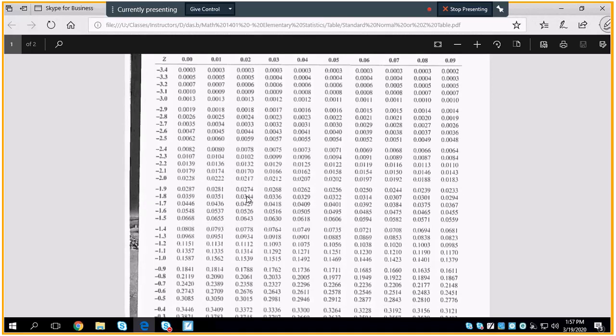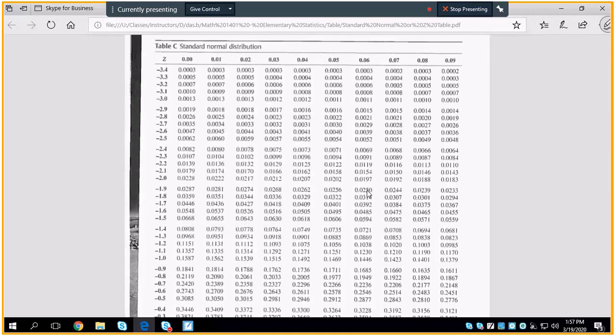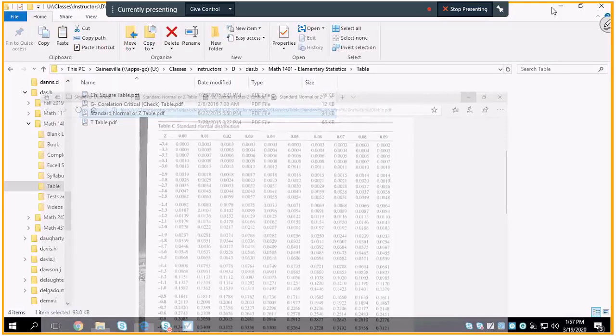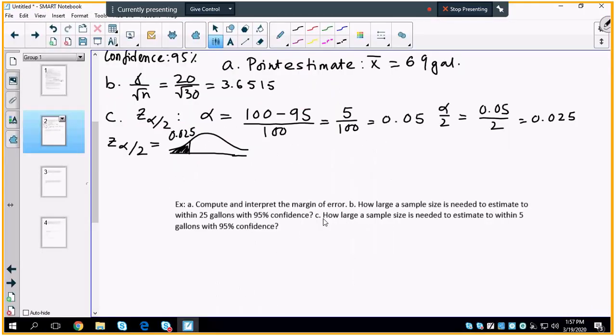The corresponding Z-score is negative 1.96. As I said, we will use the absolute value of that. When you are writing Z alpha over 2, you take the absolute value of this number, which is always going to be positive, so positive 1.96. That's what I'm going to use in finding the confidence interval.